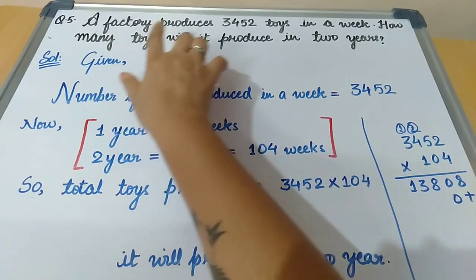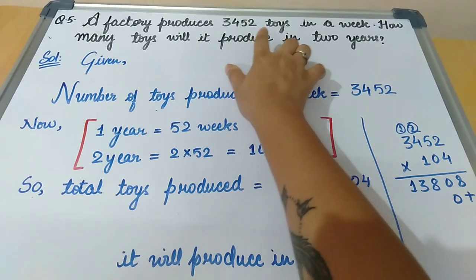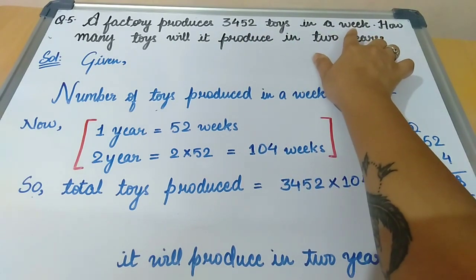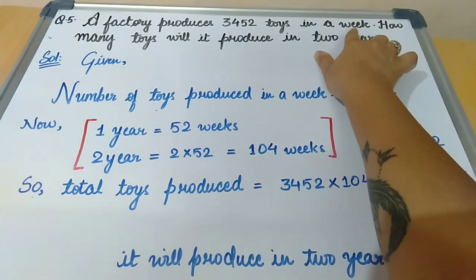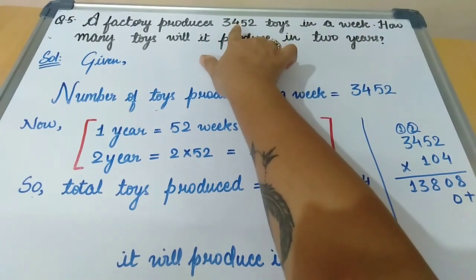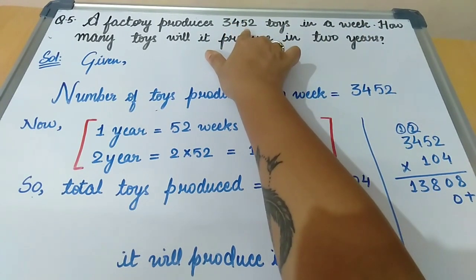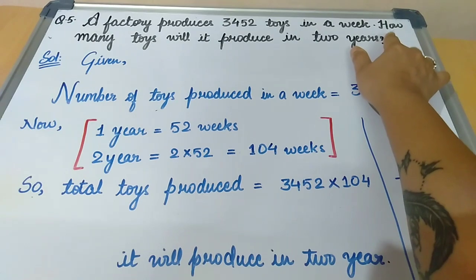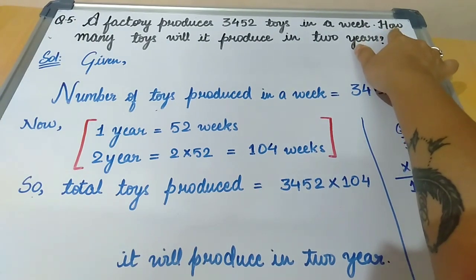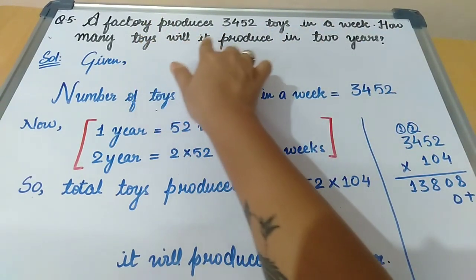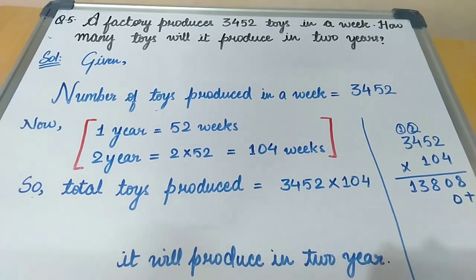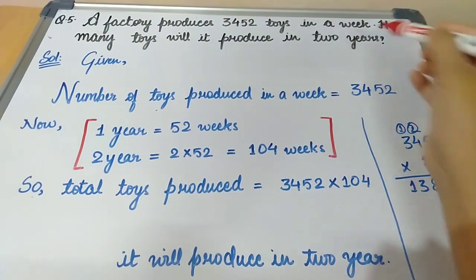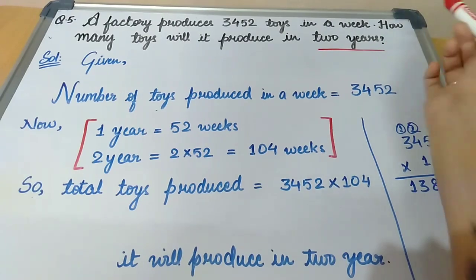A factory produces this number of toys in a week. In 1 week the toys produced are 3,452. Now in the question, what is asked? How many toys will it produce in 2 years? It is asked to find out the toys produced in 2 years.